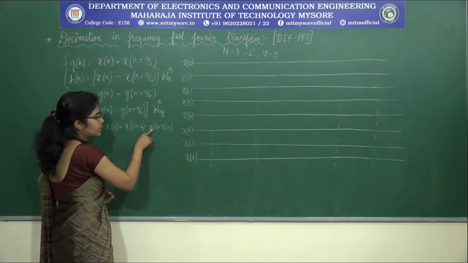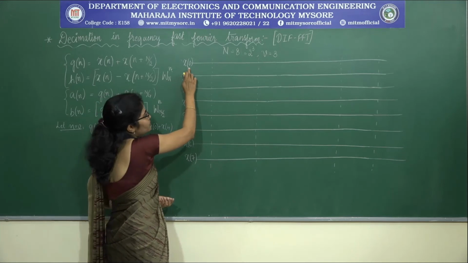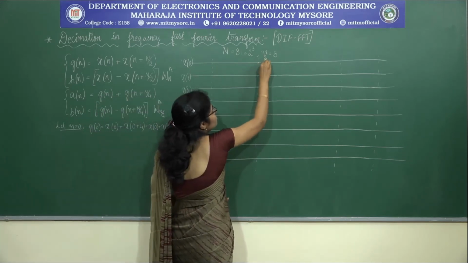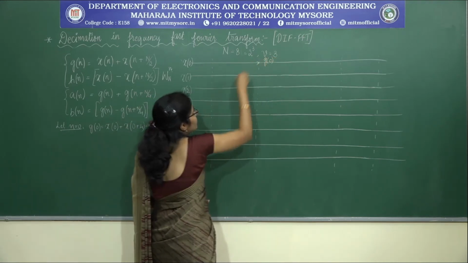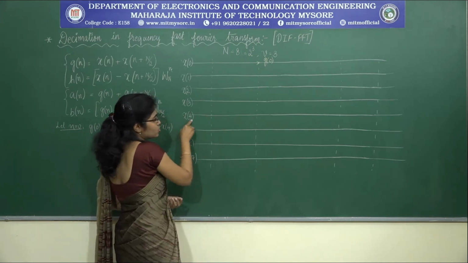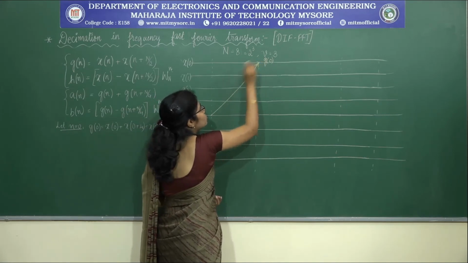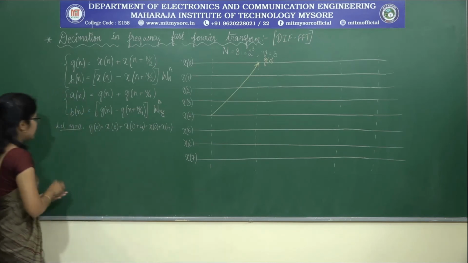I need to combine the data of x of 0 and x of 4. So, this is x of 0 and here is my x of 4. So, here you get g of 0. So, I am bringing this and I am making that to meet at that particular point, and the second data is x of 4. So, from here I will join to this point. So, we get g of 0.